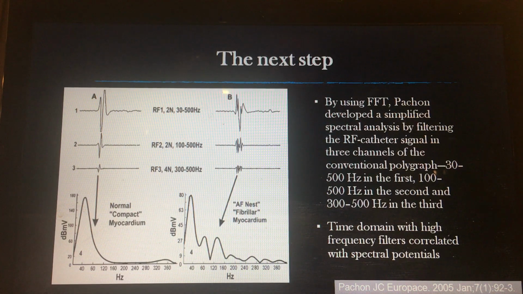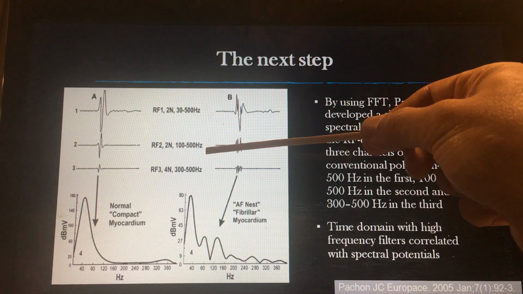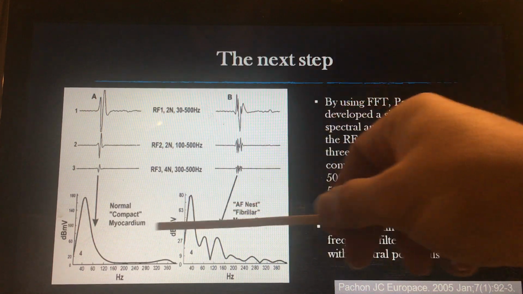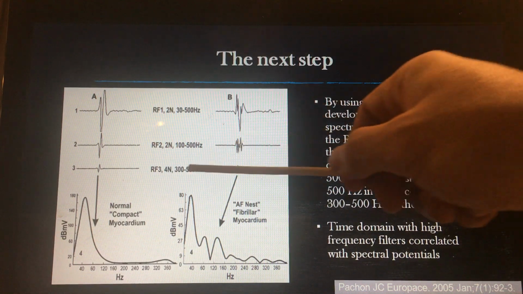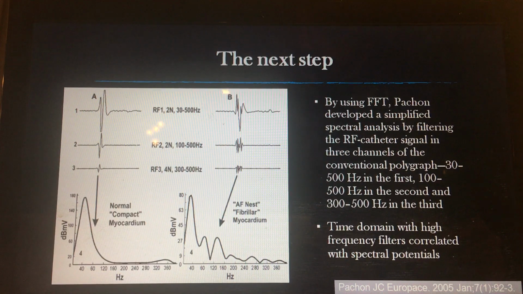As another clue, Pachon et al. studied different bandpass filter settings and compared these electrogram properties with spectral data, and they demonstrated that if you use 300 and 500 Hz as a bandpass filter, it will correlate with spectral analysis data, and you can easily detect spectral potential sites by using this method.